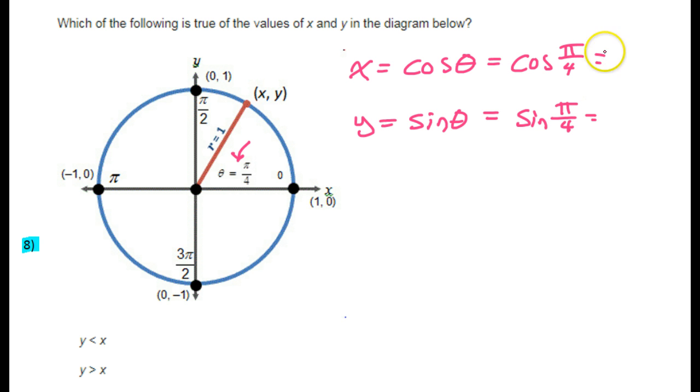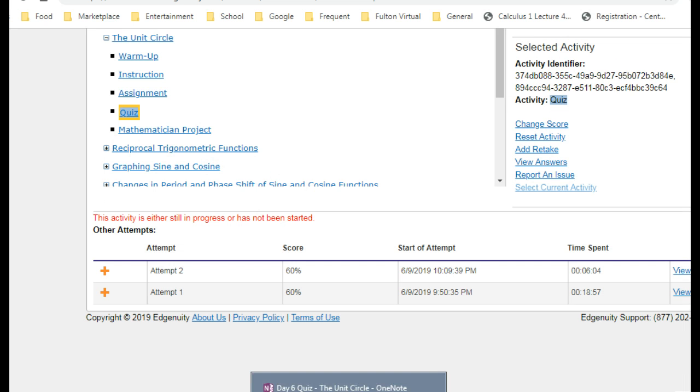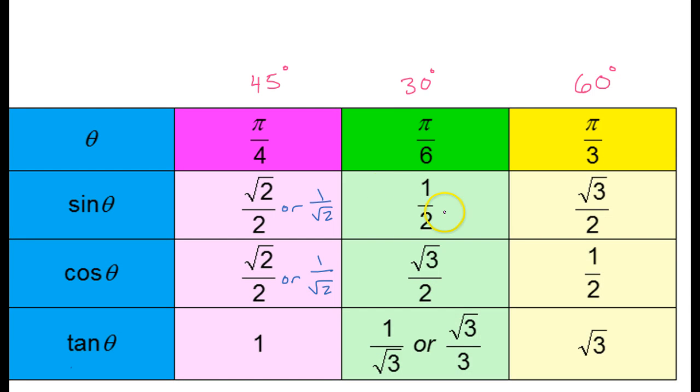Both of these answers are on the chart. Why do I keep clicking that button? Both of these answers are on the chart that I just told you to write down. So we want the cosine of pi over 4. That's going to be radical 2 over 2. And the sine of pi over 4 is also radical 2 over 2.